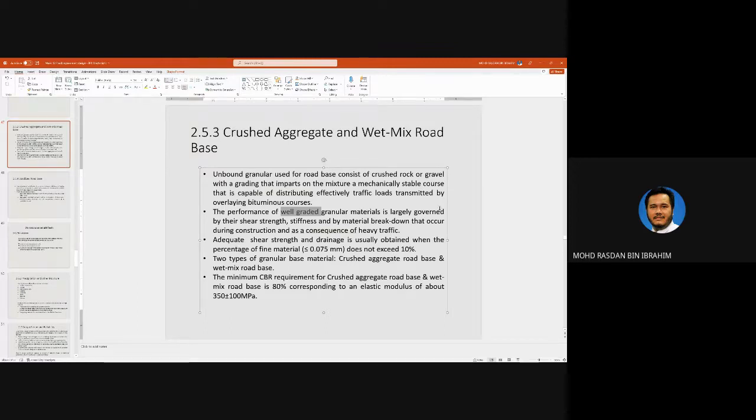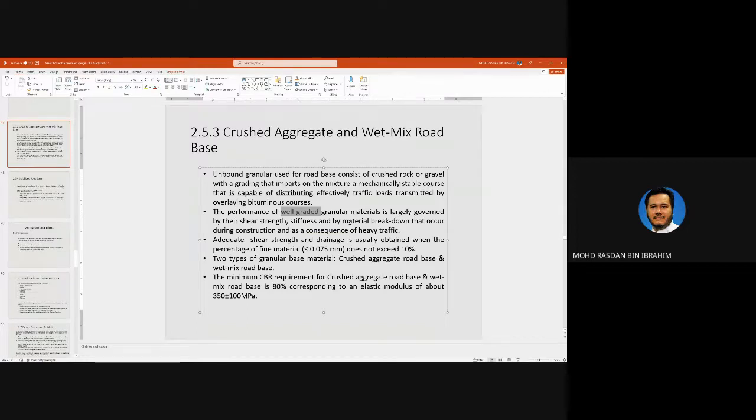So this is the key in designing a very good road base, because the friction between the materials, how the materials inside the mix interlock with each other, will govern the shear strength and also the stiffness of the material.